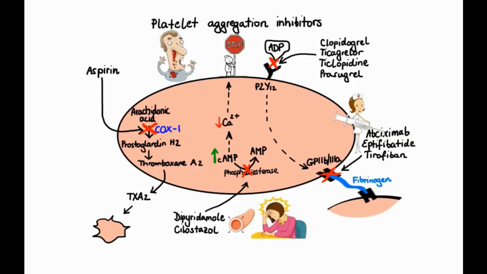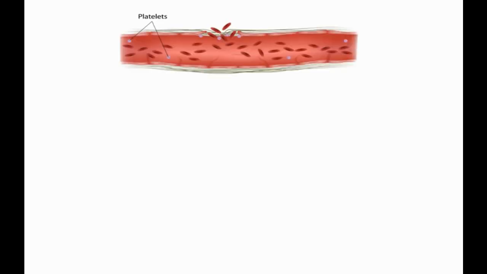Now, coming to the side effects of these drugs, the major side effect is bleeding. Cilostazol, which has vasodilation properties, can also cause headache along with the bleeding. So going back, you can see that accumulation of platelets alone is not sufficient to stop the bleeding.